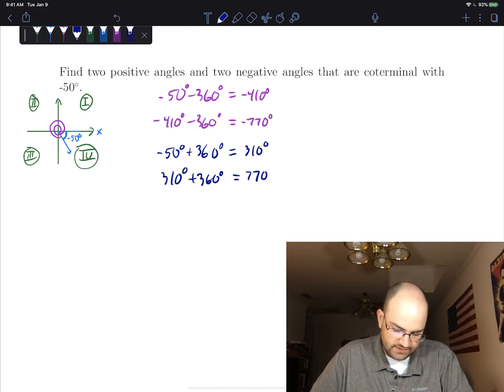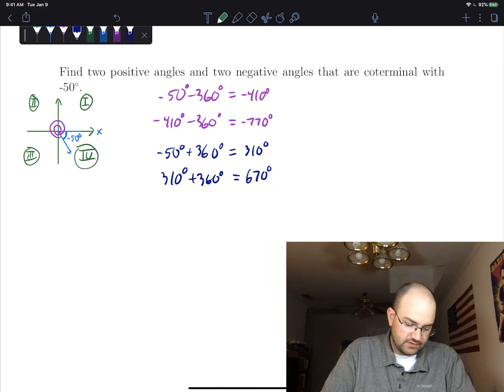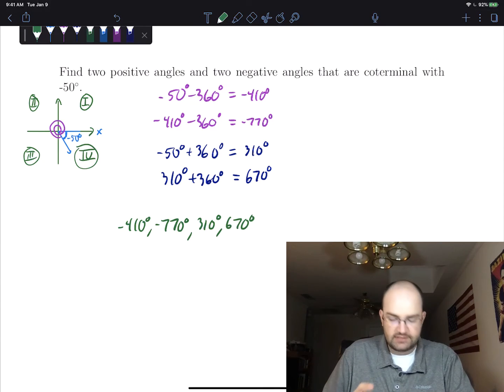That will, of course, give me 670 degrees. Fantastic. And so our answer here is simply those four angles. Negative 410 degrees, negative 770 degrees, 310 degrees, and 670 degrees.